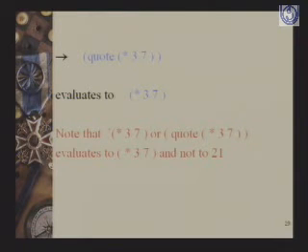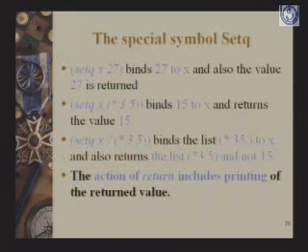So quote and a list (* 3 7) bounded by a pair of parentheses, the value of that comes out to be (* 3 7). Similarly, quote can be used in a number of ways.